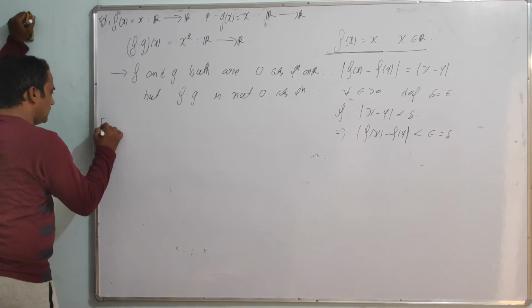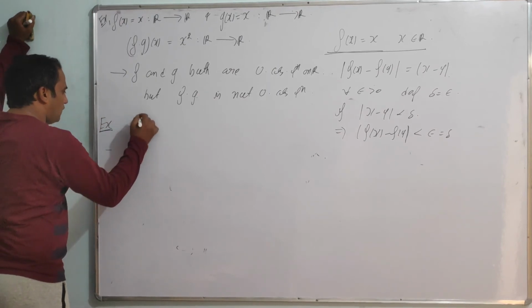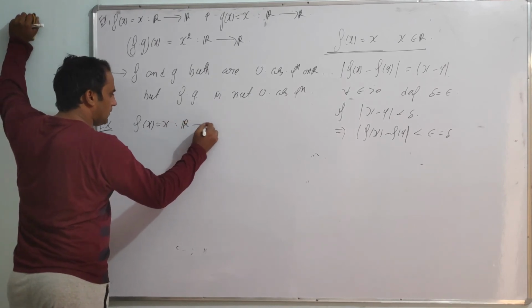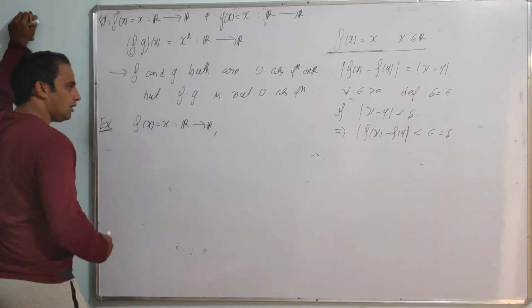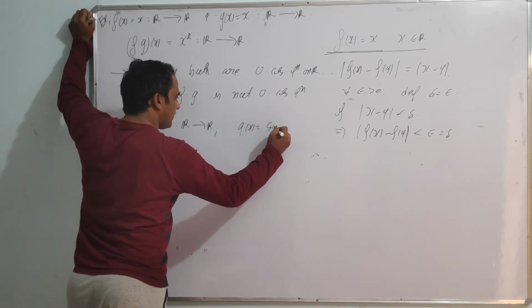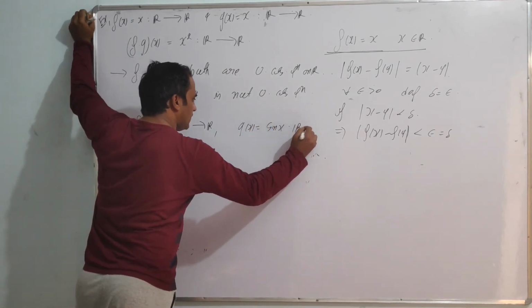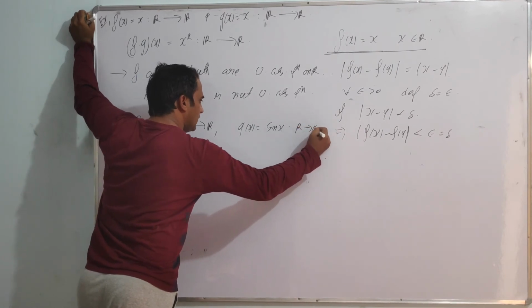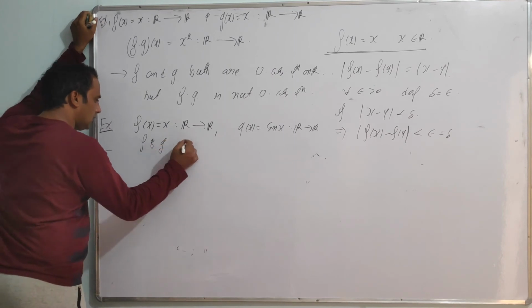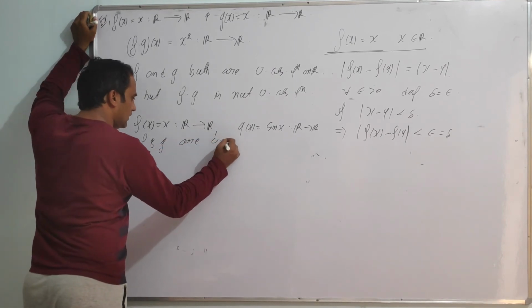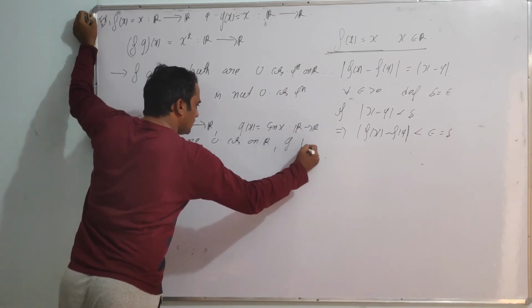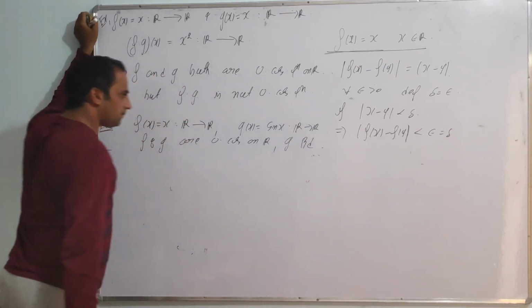Another example, if you take f(x) again x, defined from R to R, and g(x) is say sine of x, again defined from the real line to the real line. You can easily verify that f and g are uniformly continuous on R, and g is definitely a bounded function.